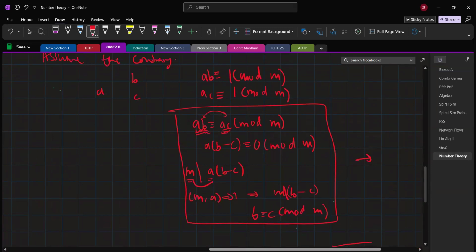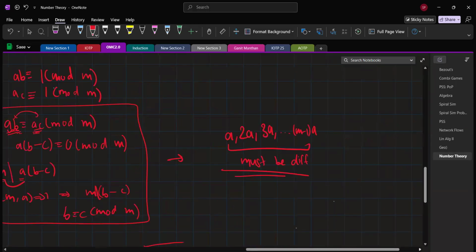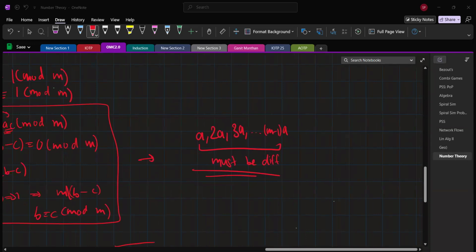So if we list down all the multiples of A, like A, 2A, 3A, and so on and so forth, up to M minus 1 times A, these all must be different, right? Does this make sense?